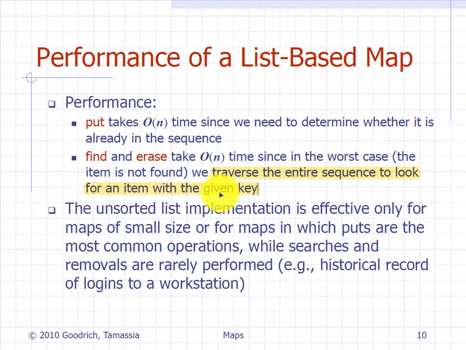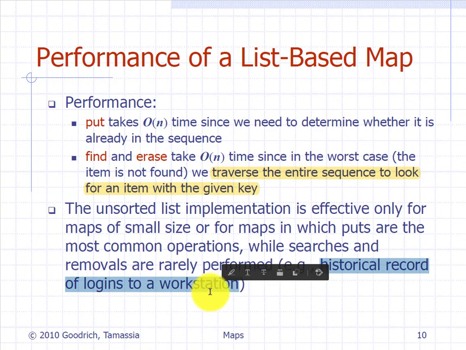So look, we do use linked lists and arrays sometimes when we implement maps. We can, and it depends on the application. So look at this. They say here you could use linked lists just as a historical record of logins to a workstation. So just to say who's ever used the computers in the labs. You haven't been using the computers in the labs recently, but suppose the admin wanted to keep track of who uses the computers. He could just implement a small linked list based map, which allows us to store the details of the people who log in.